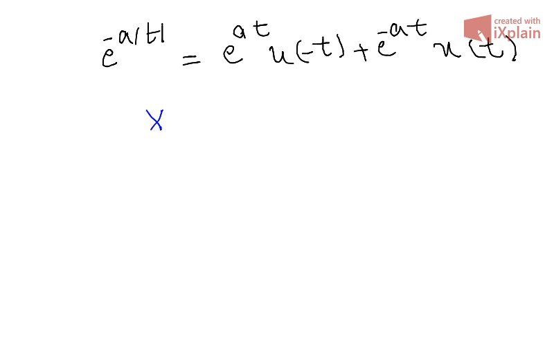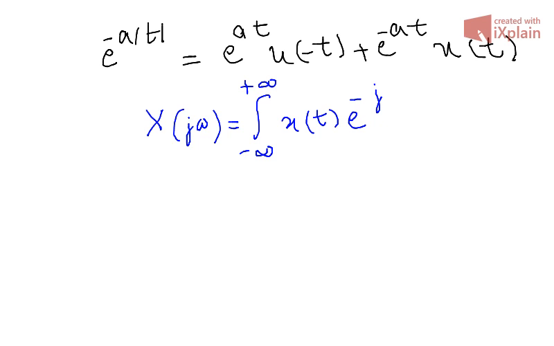Now let me compute the Fourier transform x of j omega, which is the integral from minus infinity to plus infinity of x of t e raised to the power minus j omega t dt. We have to compute this integration now.